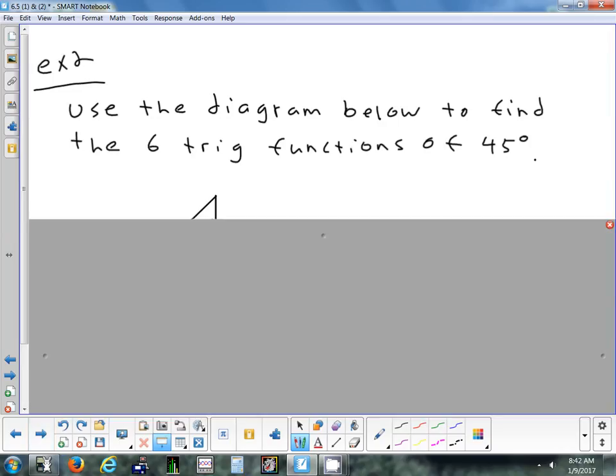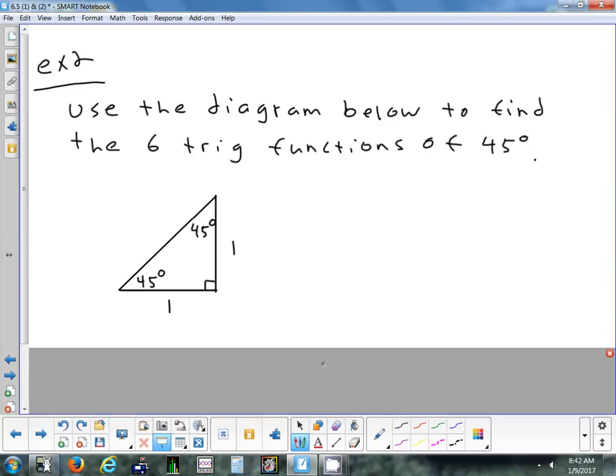All right, so now I'm giving you an angle, and I want to find the 6 trig functions of 45 degrees. Okay, so I've drawn a 45, 45, 90 triangle. But in order to find the trig functions, I need to label the sides. Now, does it matter the size of the 45, 45, 90 triangle I use?